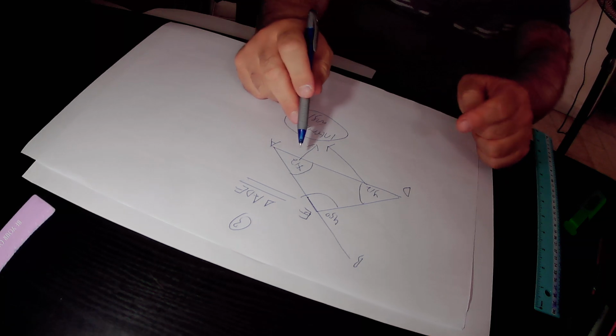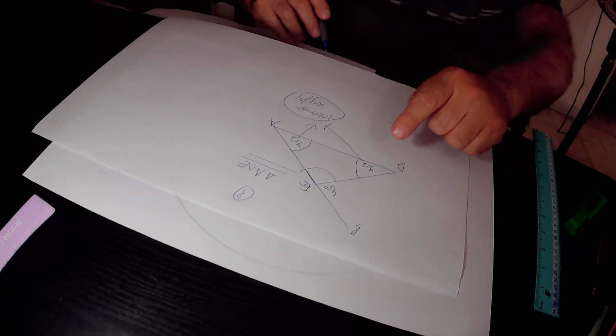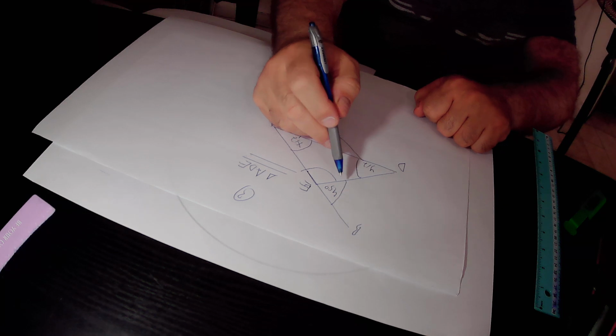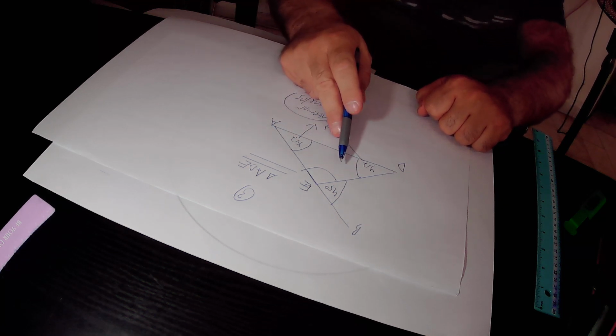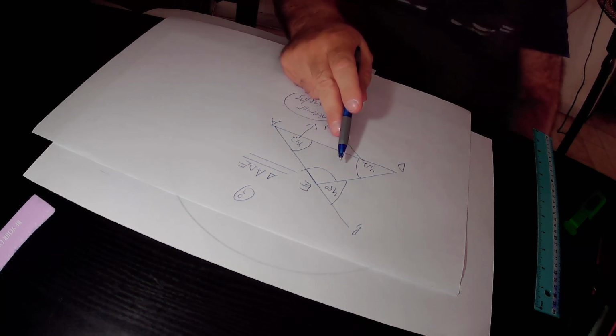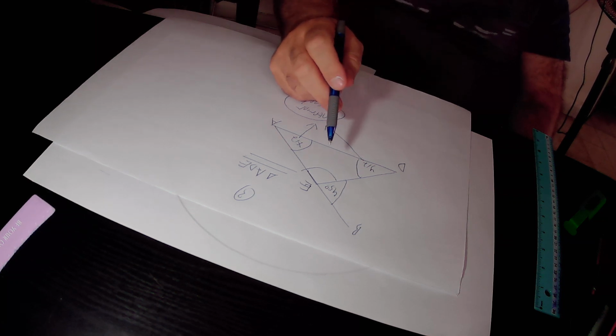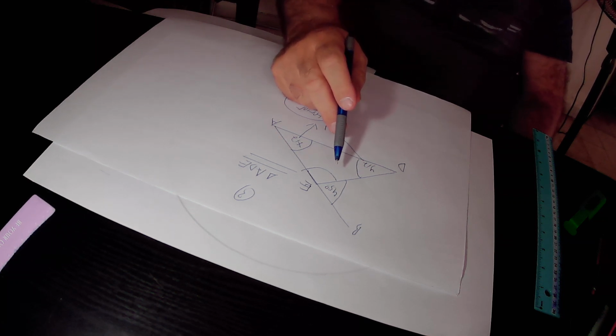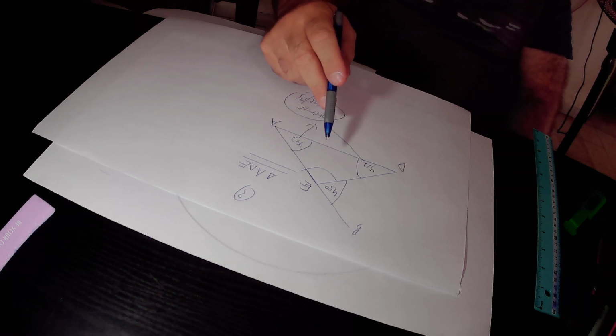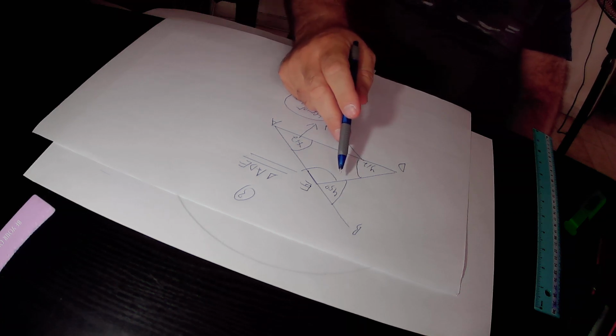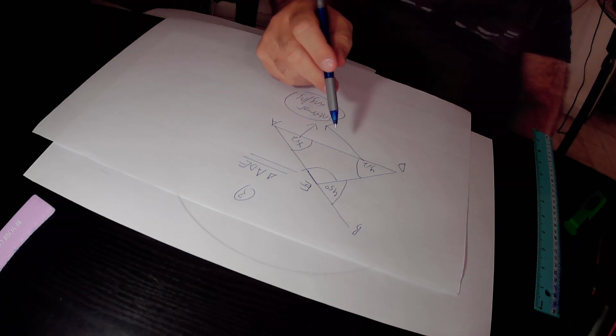While this is angle BED, the size of angle BED is 45 degrees, and this angle BED is located outside triangle EDA, and therefore it is defined as an exterior angle of triangle EDA.